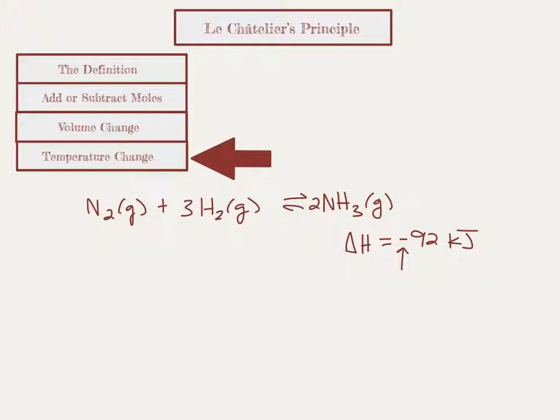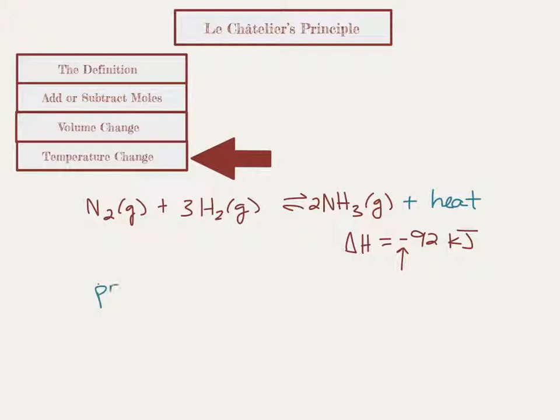That negative right there indicates that this reaction is exothermic, which means we can treat heat as if it's a product. So what I'm going to do when I consider all of these kinds of problems is write heat down as a product if it's exothermic.